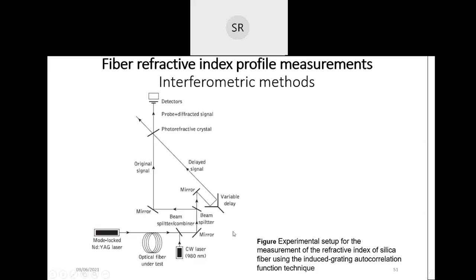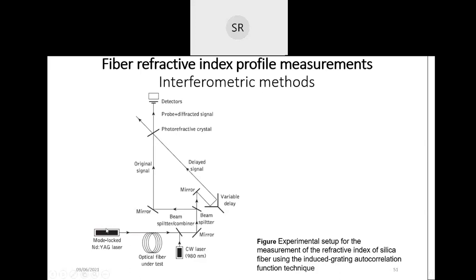In this measurement, we will see the refractive index profile of the core of a fiber, and how to measure it. The measurement depends upon creating a delay in the optical signal or optical light. That delay is created using a beam splitter.